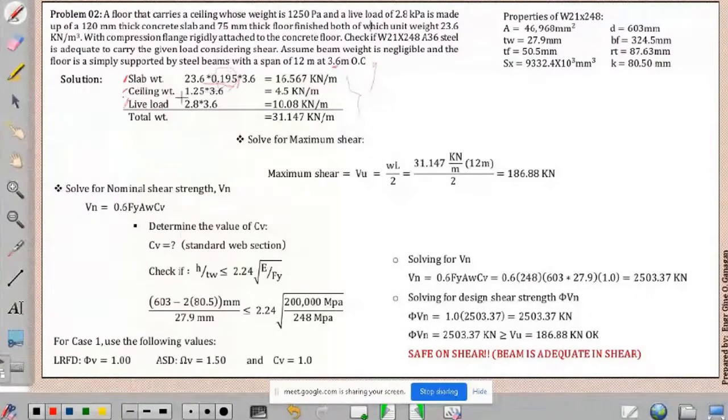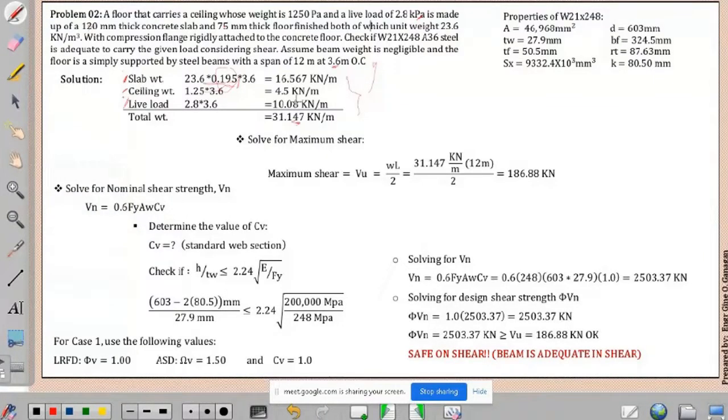And for the ceiling, the given weight is 250 Pa, times the spacing. Also for the live load, the given value in kPa is times the spacing. So our total weight on our beam is equal to this value, 31.147.